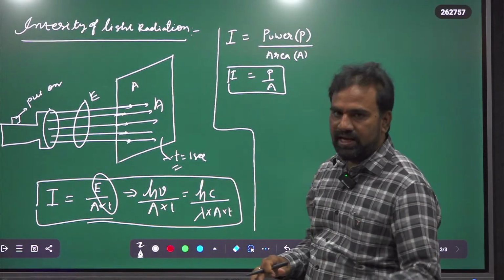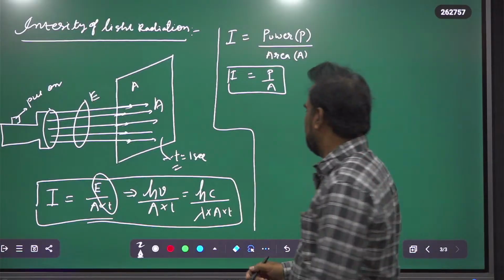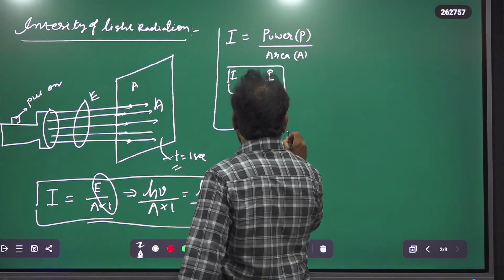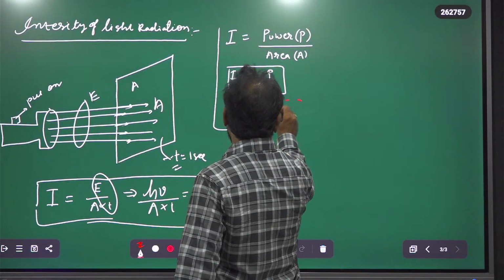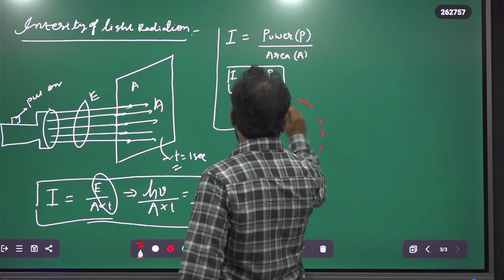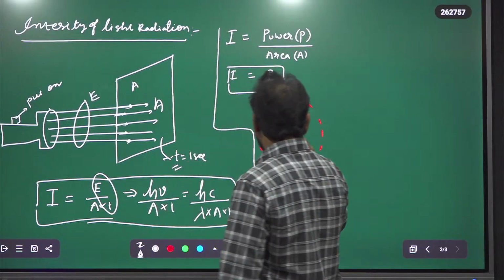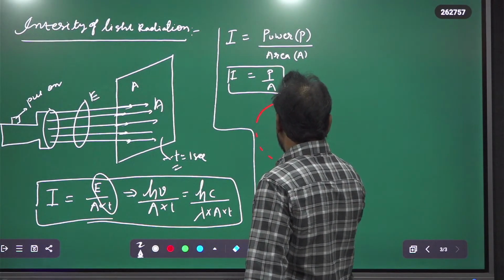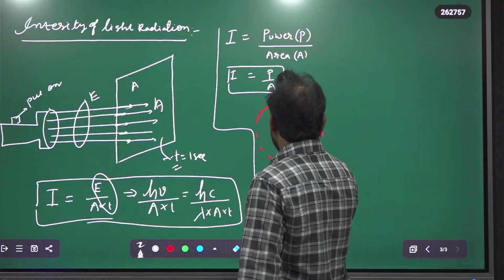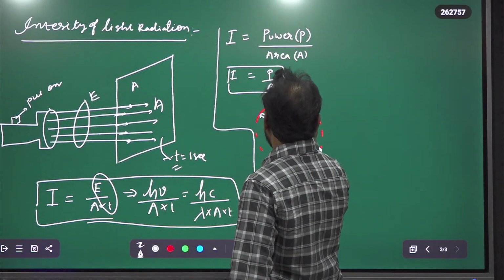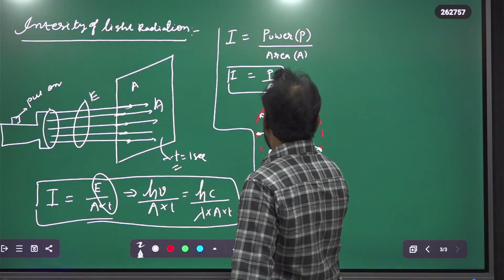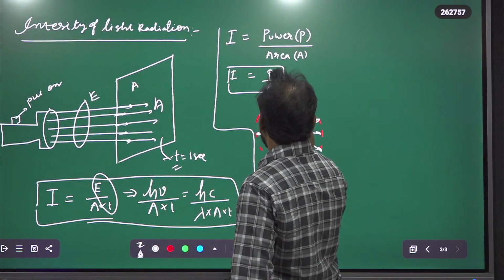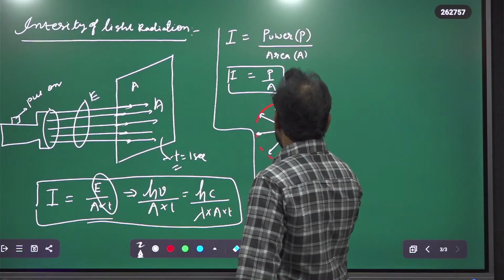Suppose the source is a point source. It can emit light radiations in all directions like this. If the point source emits light radiations in all directions, it has a radius r.